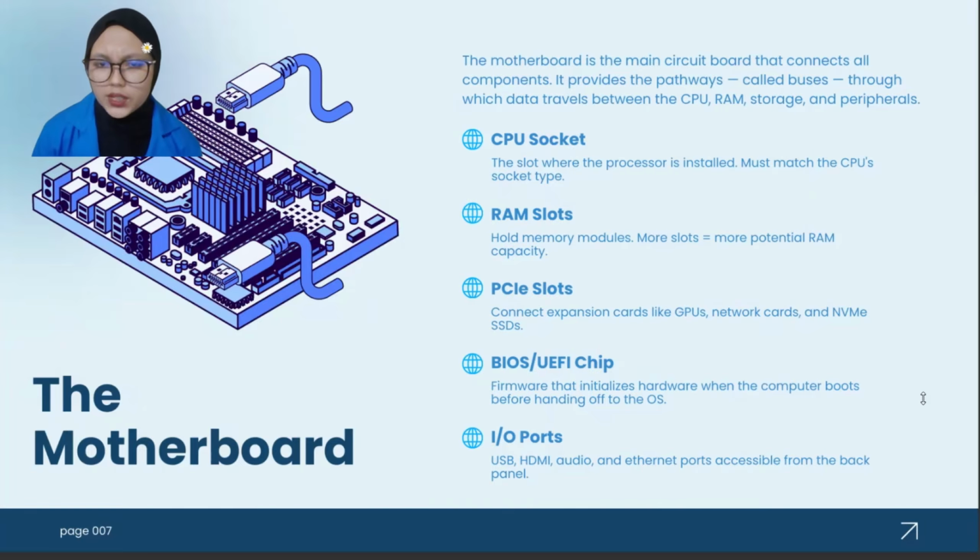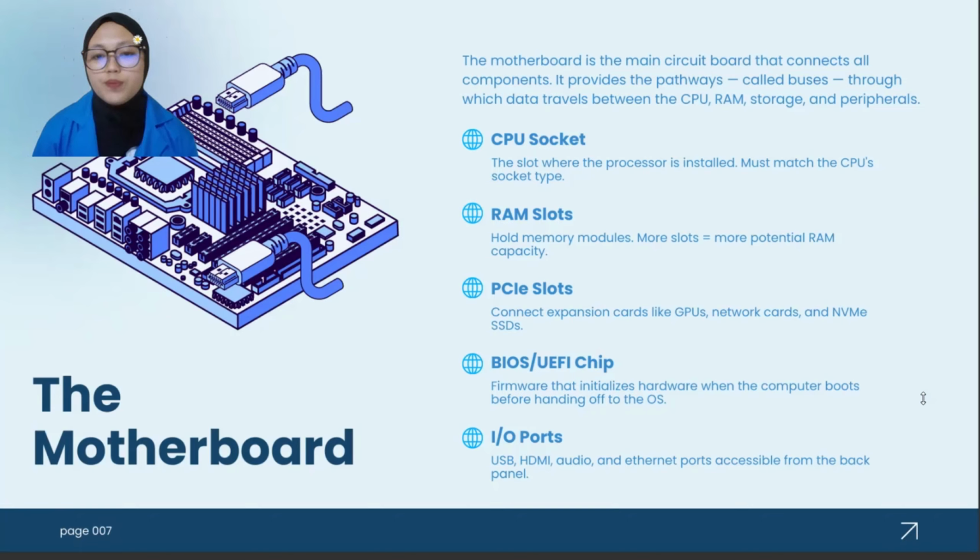Number 1, CPU socket. The slot where the processor is installed must match the CPU's socket type. Number 2 is RAM slots. They hold memory modules. More slots equal more potential RAM capacity. Number 3 is PCIe slots. They connect expansion cards like GPUs, network cards, and NVMe SSDs.